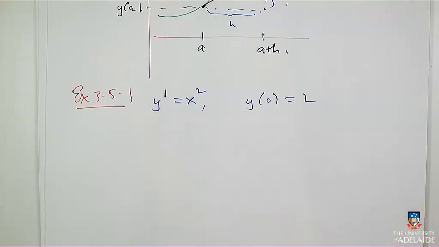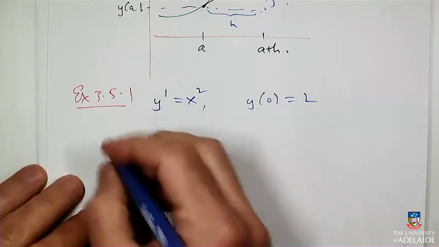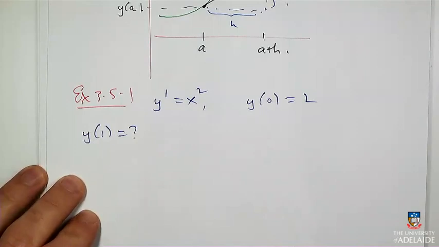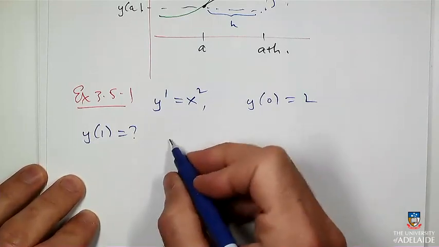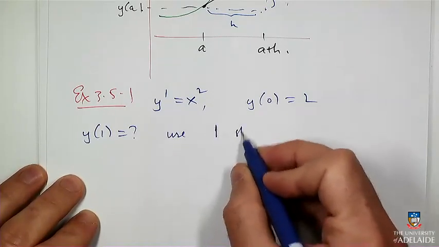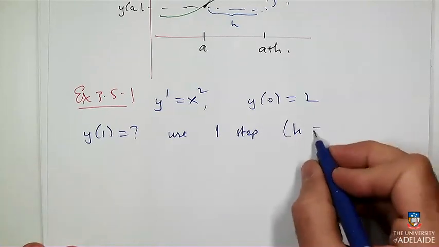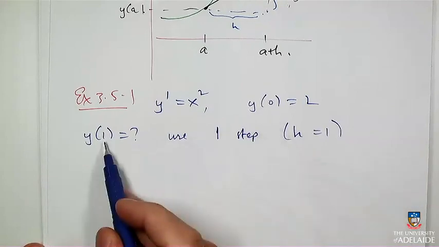Let's just use Euler's method to get an approximate solution. So we want to know what is y of 1, and let's use one step. So this means h, the size of the step, is going to be 1, because we want to go from 0 to 1 in one step.